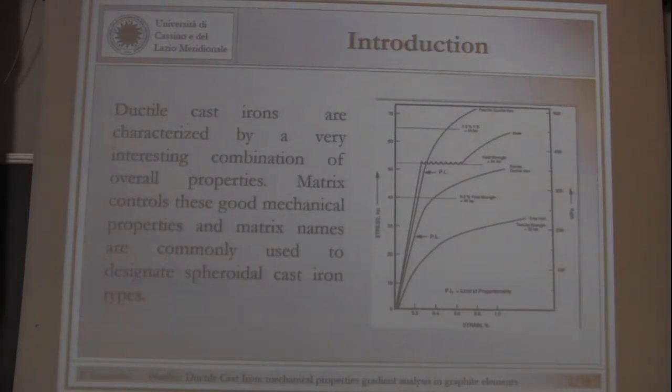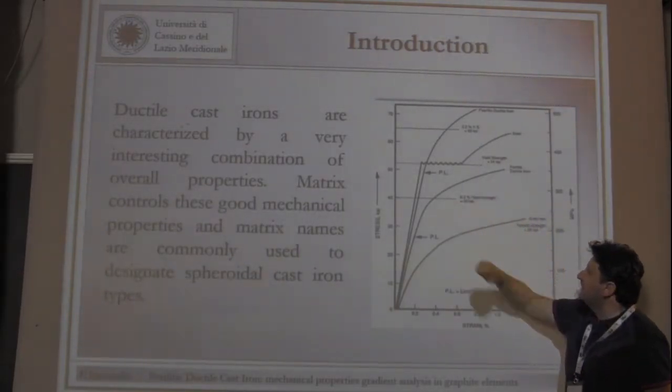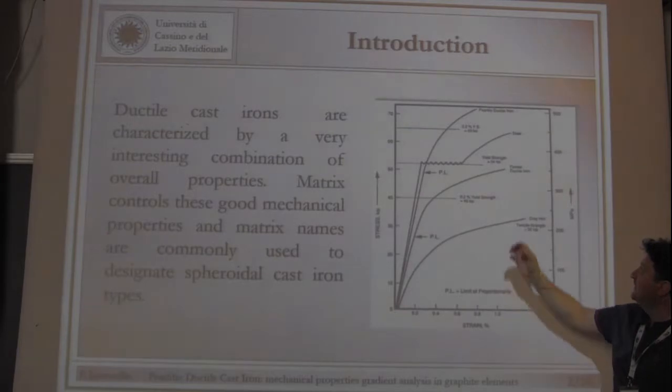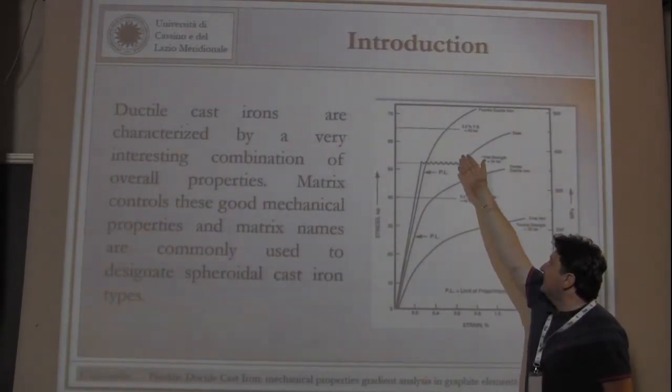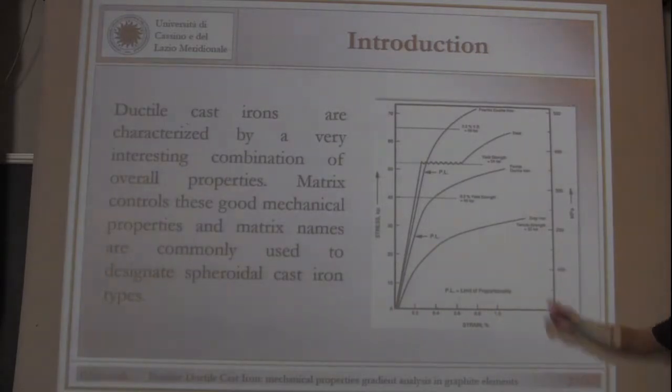You can see the ductile cast iron characterized by fully ferritic matrix, ferritic-pearlitic, and fully pearlitic behavior. This is the behavior of conventional gray iron. We can see the values of stress and elongation are much better.